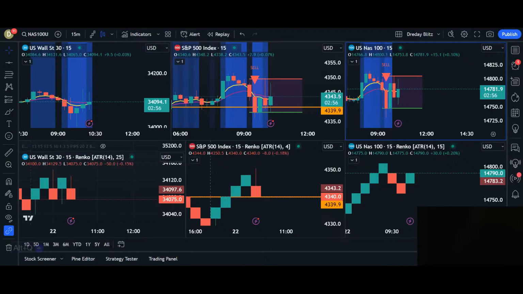For US 30, it's still ranging, still somewhat of a consolidation overall. But like I said, Fridays, it's usually better to take the day off and enjoy your weekend earlier.